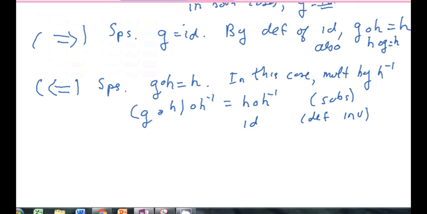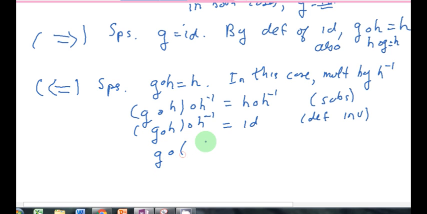So this gives me the same thing on the right hand side. On the left hand side, G composed H inverse is equal to the identity. Now I can reassociate the left hand side.